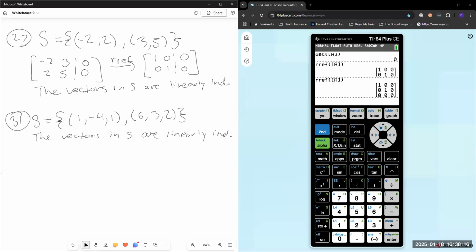Let's look at number 33 with S equal to (-2, 1, 3) and (2, 9, -3) and (2, 3, -3). Set that up so we have 3 by 4.